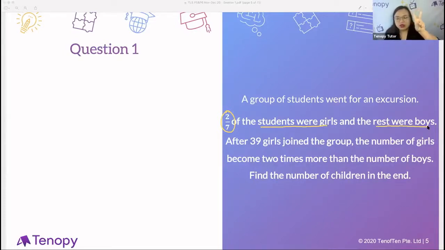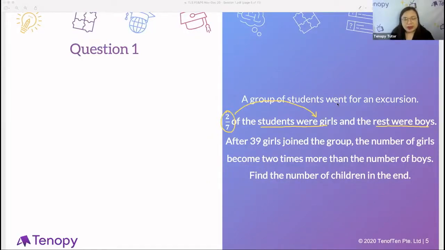So 2 is referring to what? All the students, all the boys, or just the girls? They say 2/7. When it's a fraction, the 2 goes to the first term. 2/7 of the students were girls, so the 2 is referring to the girls.